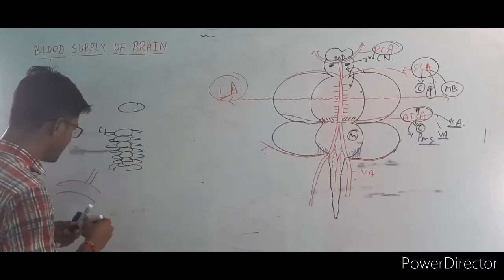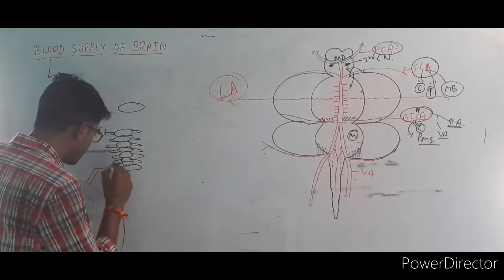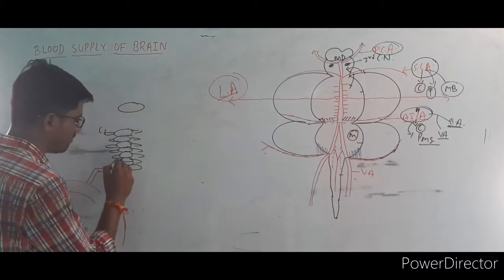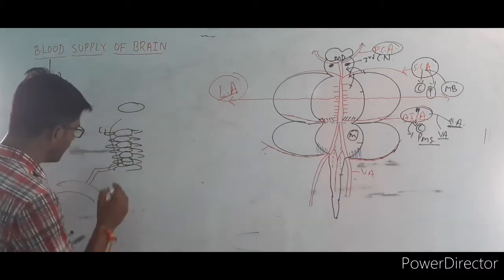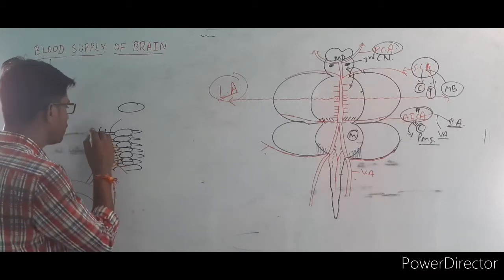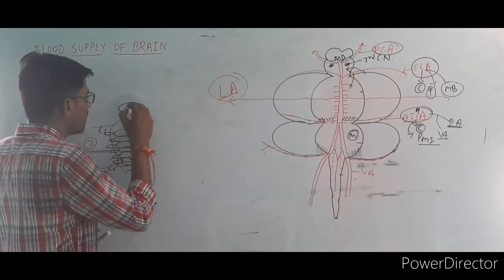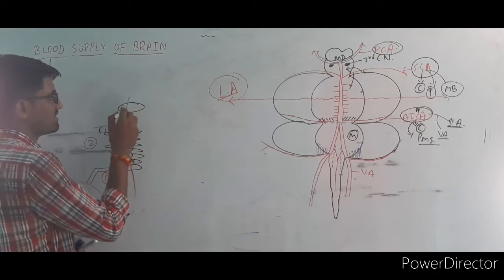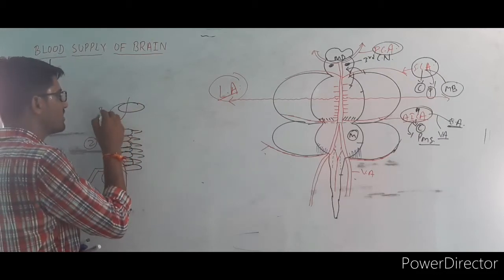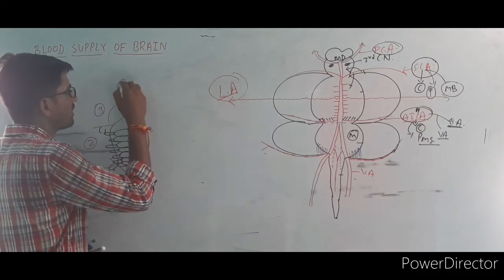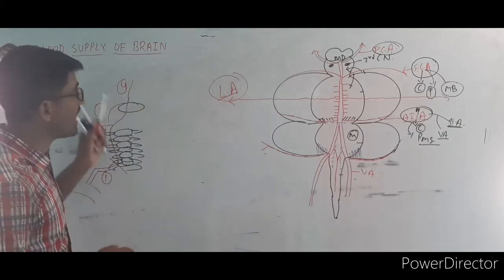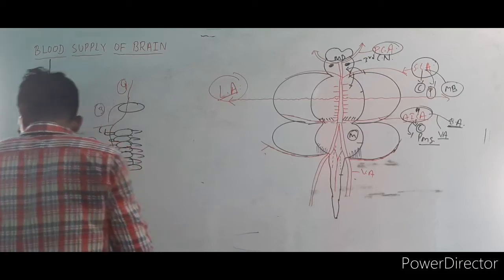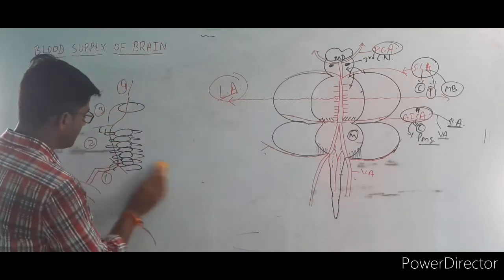From here it enters the lateral process, through the foramen, and comes out. Up to this is the first part, up to this is the second part, then it enters the skull. Up to this foramen is the third part, and after this foramen is the fourth part. So these are the four parts of the vertebral artery. This you should remember.